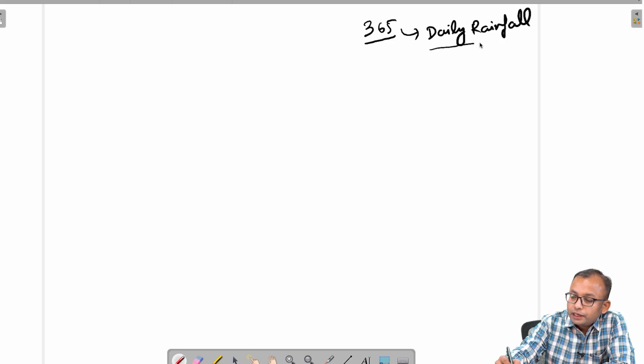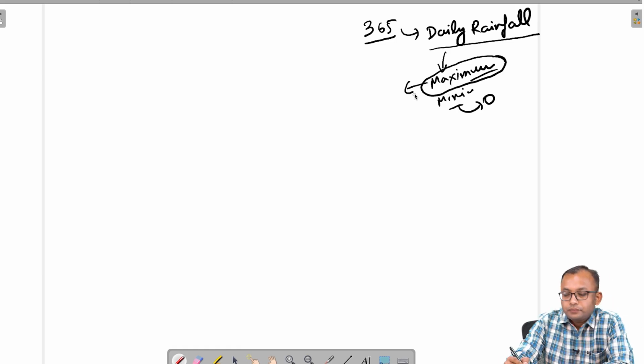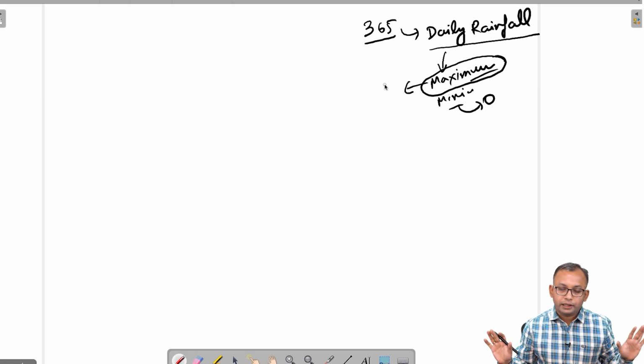This daily rainfall should have a maximum value, the peak value, and a minimum value, probably 0. So, for each year we can take the maximum value.